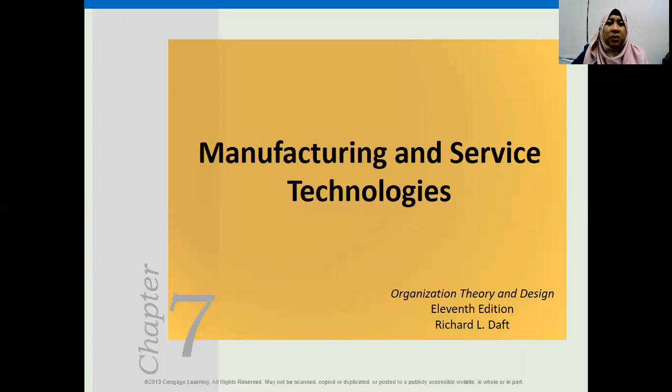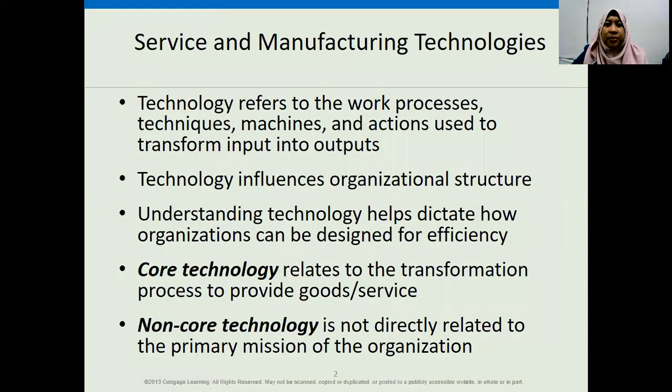Is it audible, right? Okay, so topic 7 today is about manufacturing and service technologies. And what are service and manufacturing technologies? When we're talking about service and manufacturing technologies, we are talking about how this technology enhances work productivity in the organization.